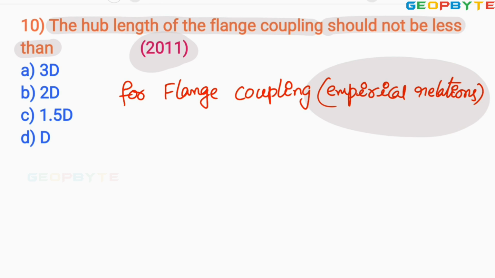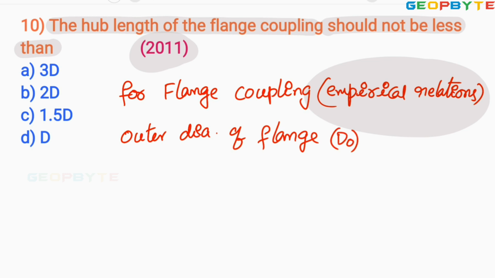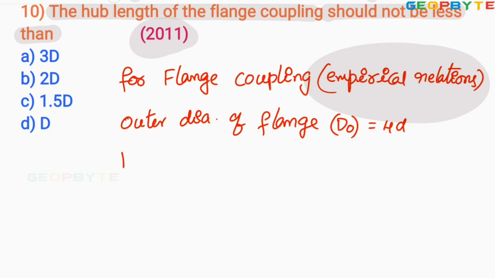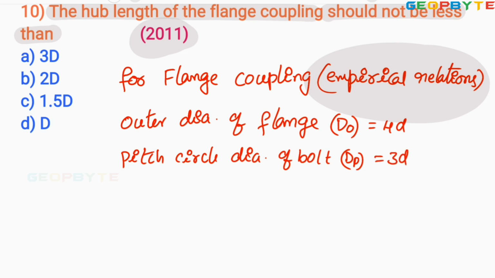For the flange coupling, the outer diameter of the flange may be D0 equal to 4d, where small d equal to shaft diameter. Pitch circle diameter of bolt dp is equal to 3d.